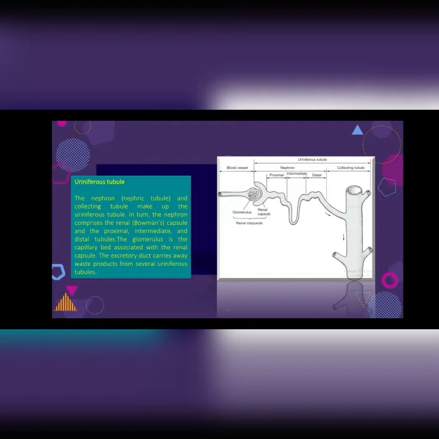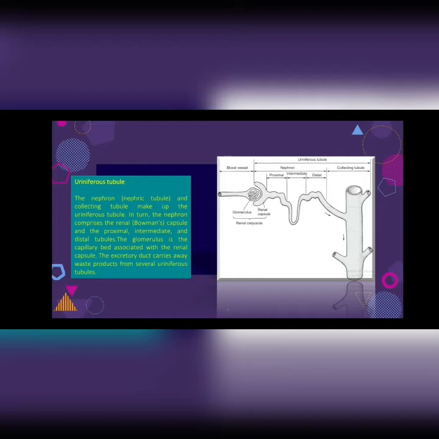The nephron or nephric tubule and collecting tubule make up the uriniferous tubule. In turn, the nephron comprises the renal or Bowman's capsule and the proximal, intermediate, and distal tubule. The glomerulus is the capillary bed associated with the renal capsule.